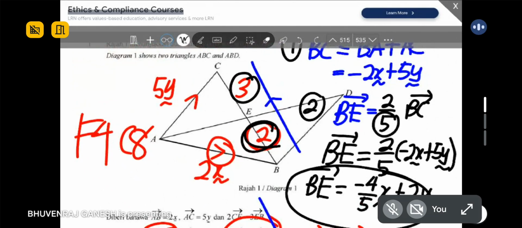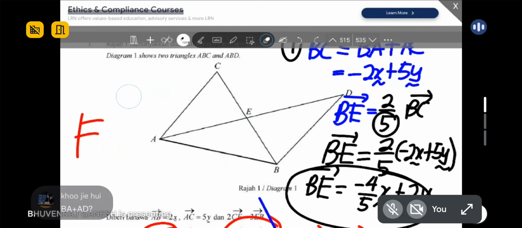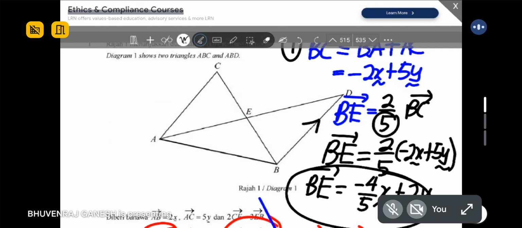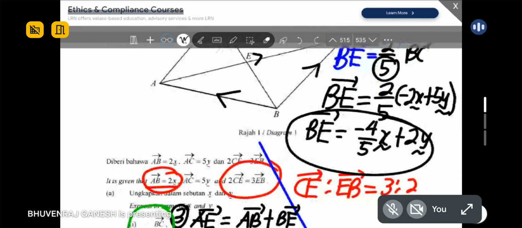Other than BE plus ED, if you see the diagram, how can I get BD over here? Means that I want to find this one over here. Yes, can BA plus AD. Okay, you can say this one, no problem. Yes, BA plus AD. Okay, so let's see over here.